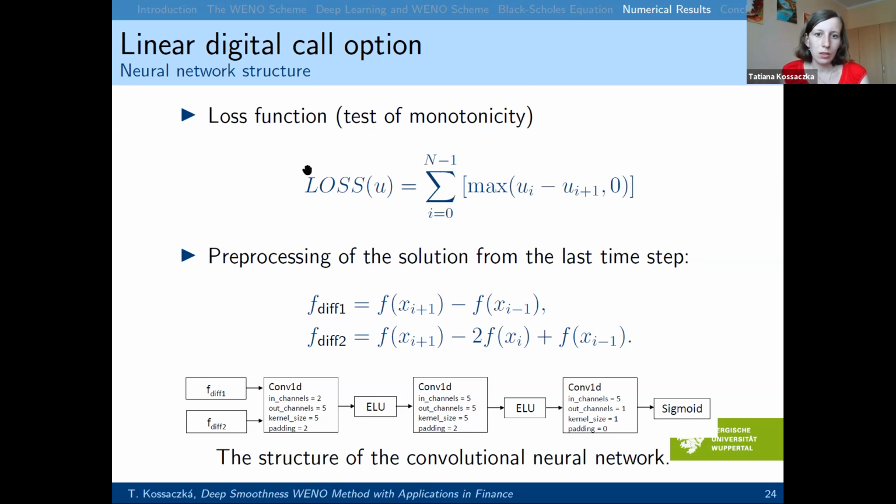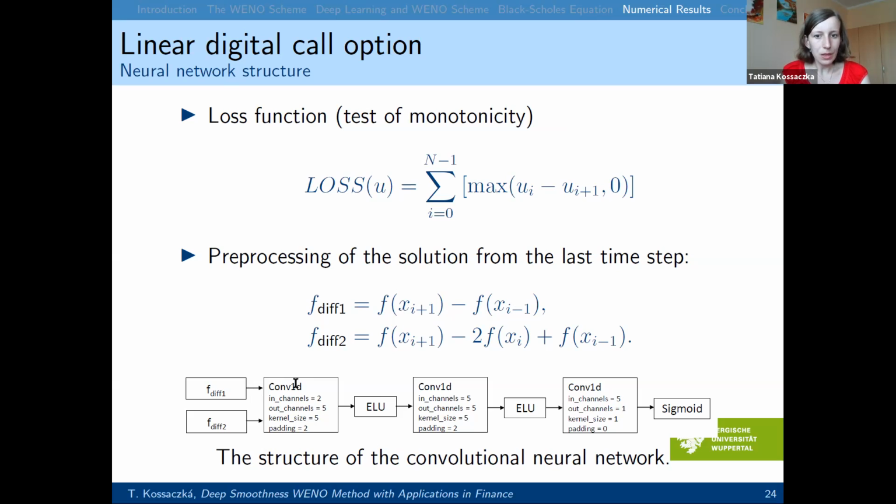This is one thing, how we define the loss function, and we also pre-process the solution from the last time step. For this, we use the values of flux functions in grid points x_{i+1} and x_{i-1}, and we use just first and second differences as input values to the first hidden layer.